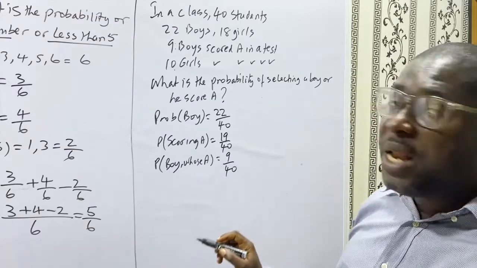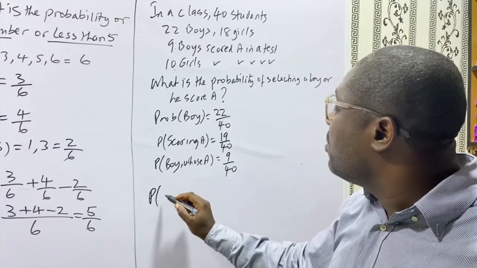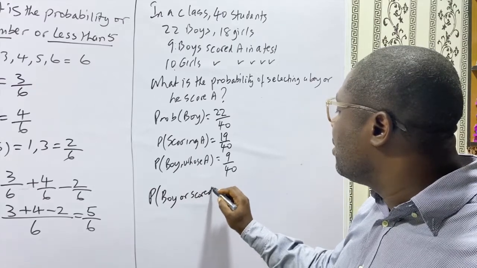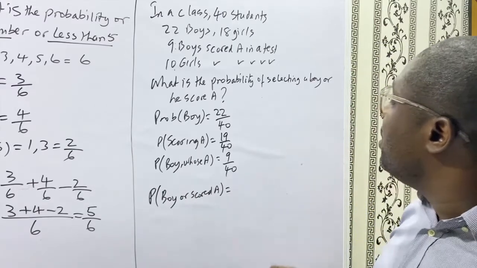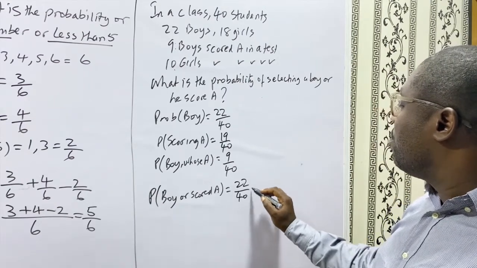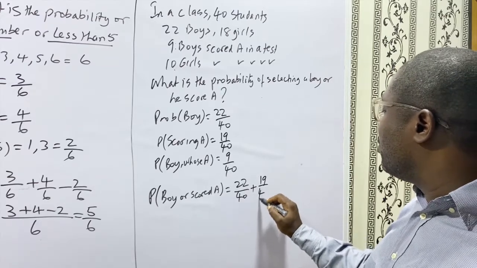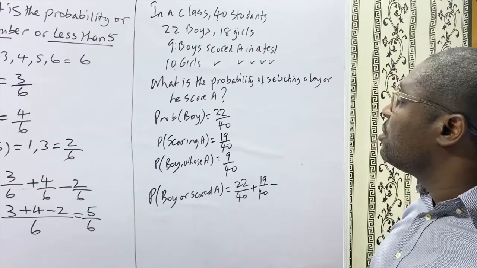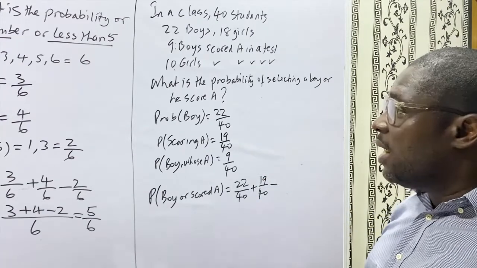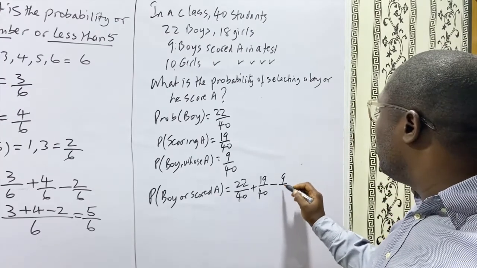So how do we now solve this problem? The probability of having a boy or is scored A will now be 22 all over 40 plus all the students that scored A, 19 all over 40, minus the boy that scored A, minus the commonality of the two of them, minus 9 all over 40.